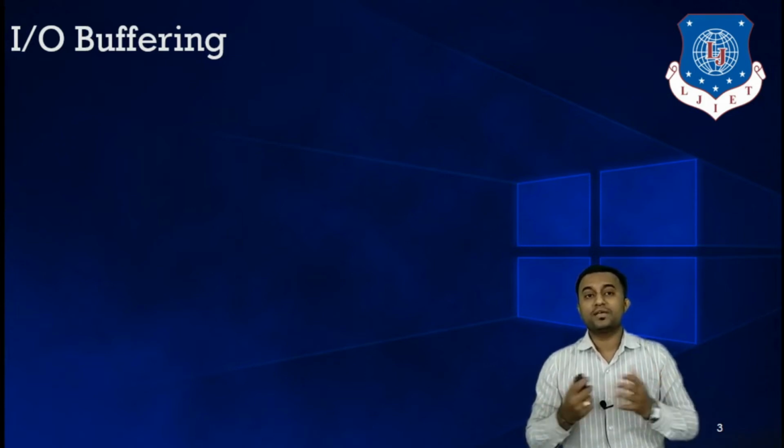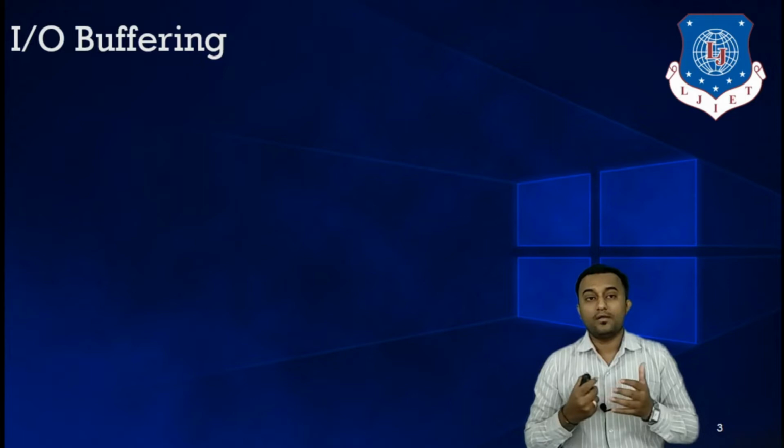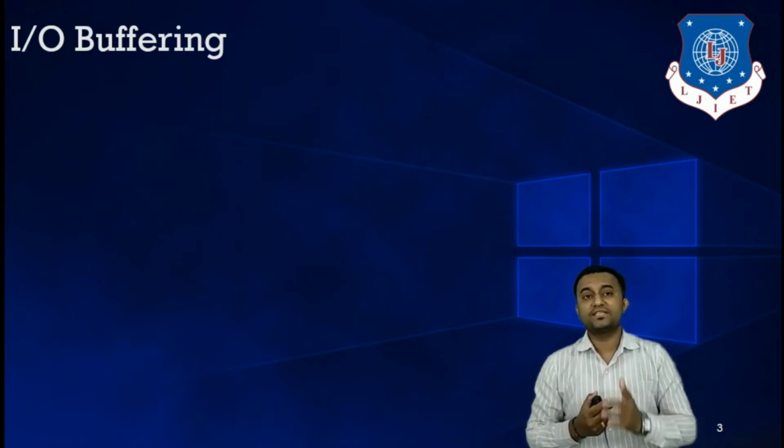So if we have more and more I/O bound processes in main memory which are ready for execution, then as you know very well, with a single or dedicated processor we can execute only one process at a time.